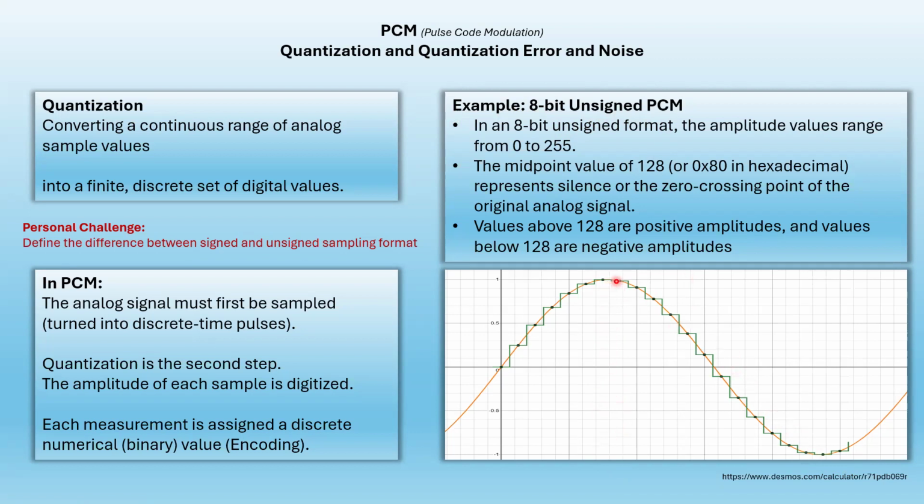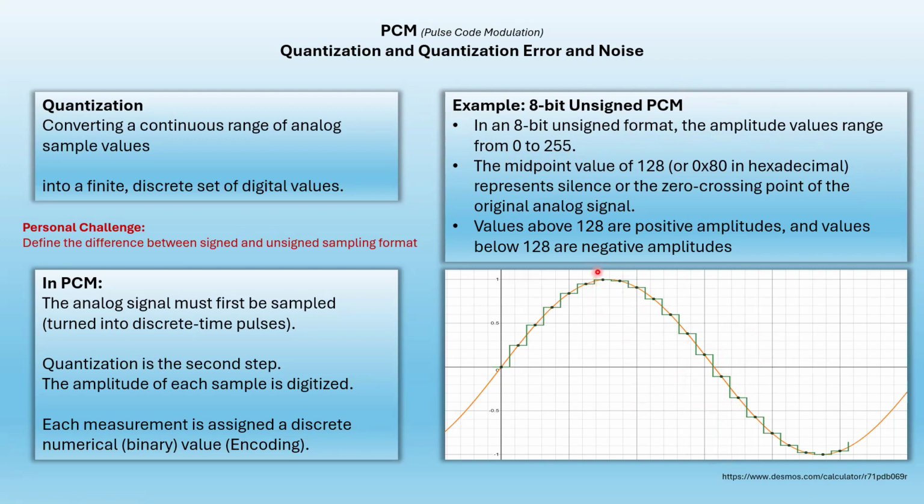As opposed to signed, where this is our reference number and we are giving an absolute value of whatever it is, and the most significant bit in that digital word is going to tell us whether you're going to put it here or that far this way. So that's unsigned format. The amplitude values range from 0 to 255.